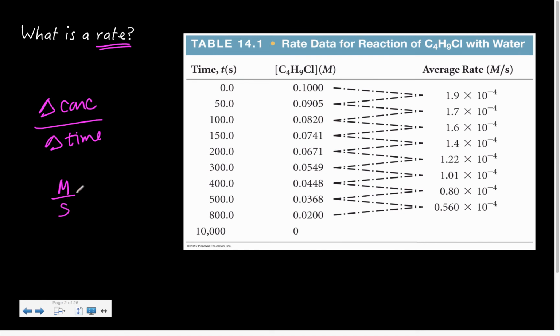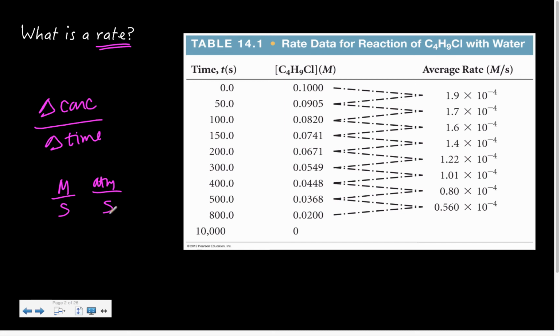Molarity per second is good when we're talking about aqueous reactions. But for example, if we were talking about a gas phase reaction, we could just as well be talking about pressure per second, because pressure is directly related to moles, which is a measure of how much is present. And the time unit doesn't have to be seconds. It depends on the reaction that we're looking at.